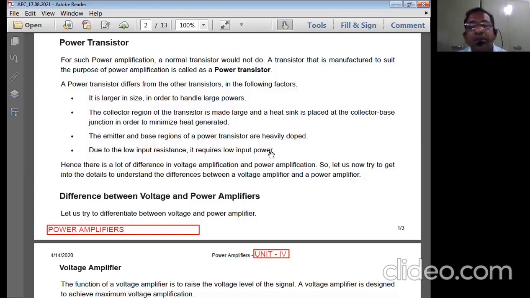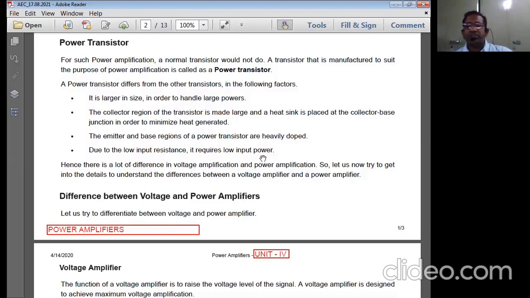Okay. So because the BJT is going to have low input resistance, it should require low input power. That means the input power should once again be low. Input power should not be high because the resistance is low. Low resistance cannot withstand a larger input power.